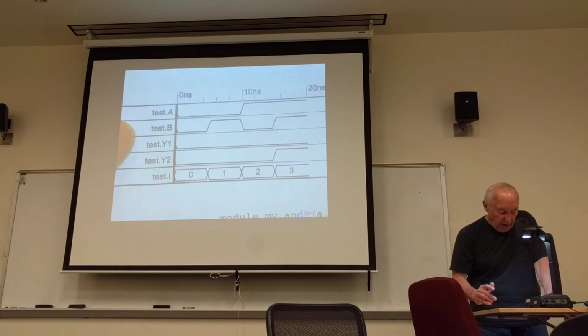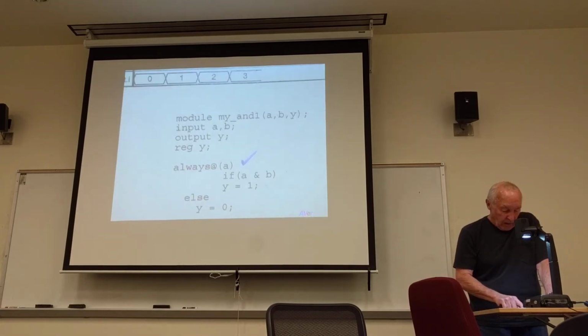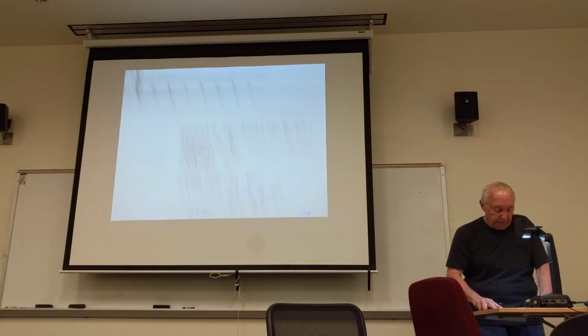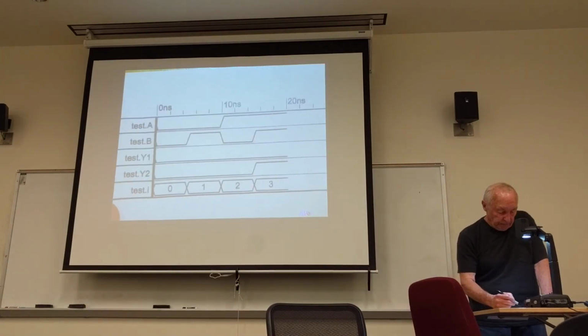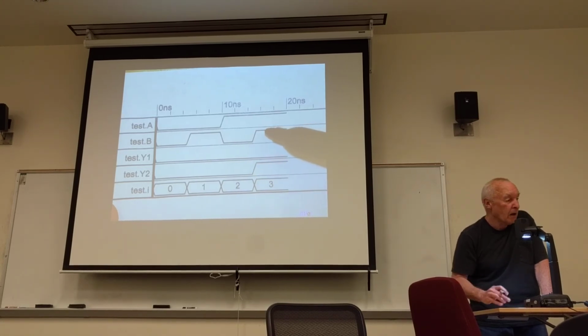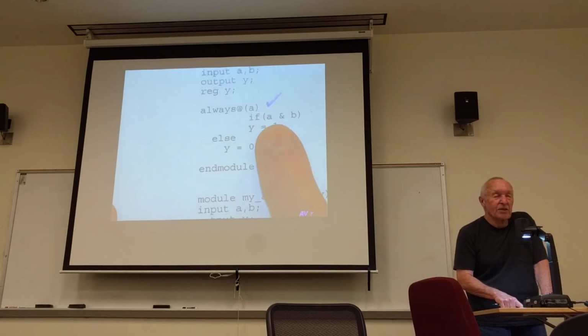The reason why is I left B out of this event list, so the input 1, 0 for A and B should produce a 0 output. But in my third test case, the B changed to a logic 1, but that isn't sufficient to trigger the always statement.